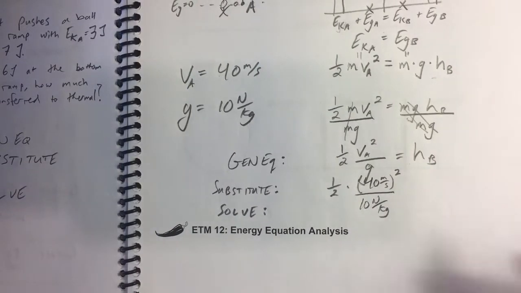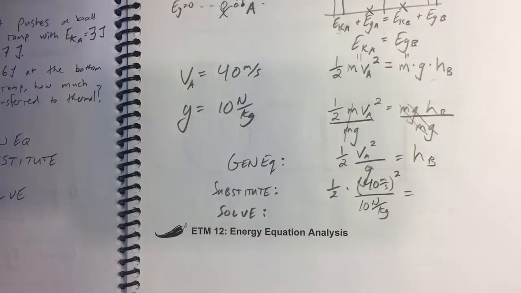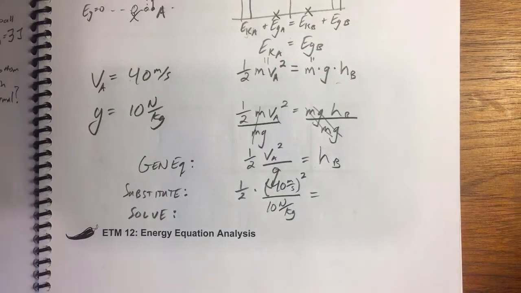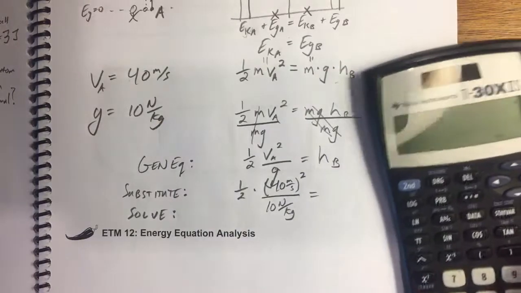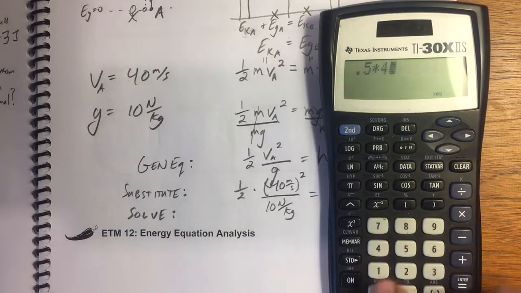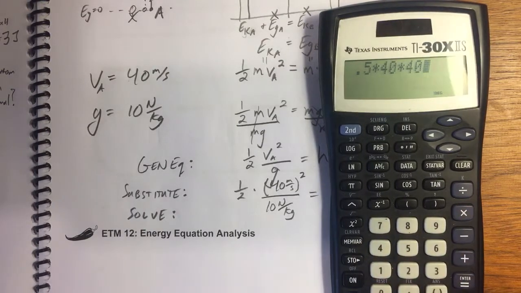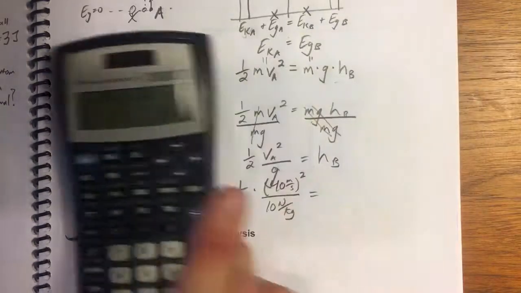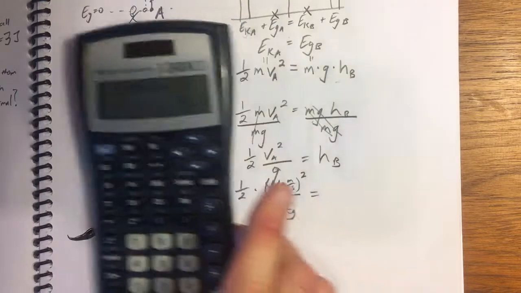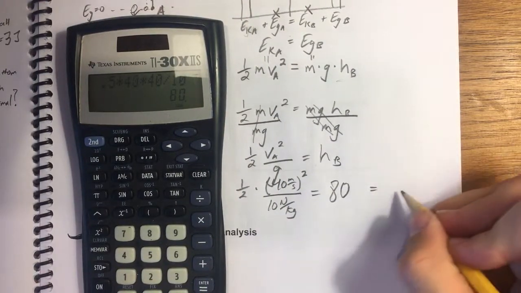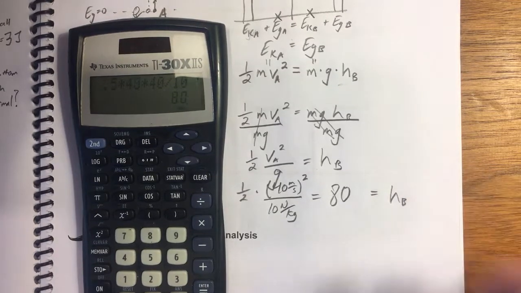These units are going to be pretty weird, but I know at the very least that the numbers work out the following way. 0.5 times 40 times 40 divided by 10 equals 80. So 80 equals the height at B.